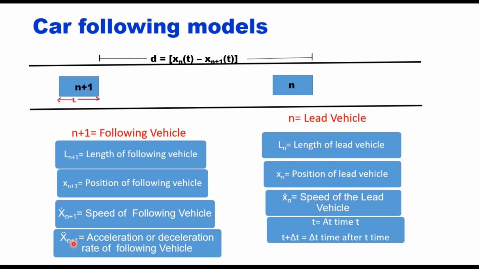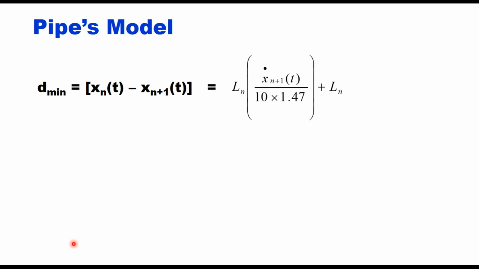So with these, the first model which is given by Pipe is called Pipe's model, and this model says that following vehicle will keep a safe distance from the lead vehicle, and that is equal to 1 car length for every 10 miles per hour of speed it is traveling at.